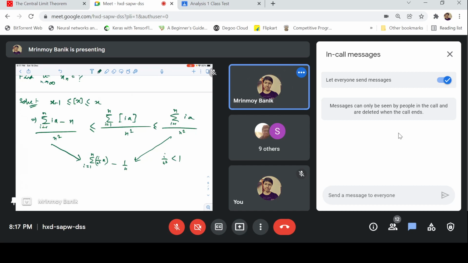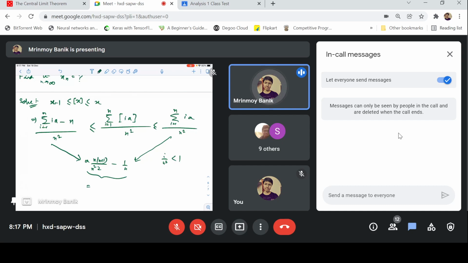Or you can just sum up using an AP. That should be easier. So it's n into n plus 1 by 2 n squared times a, minus 1 by n.